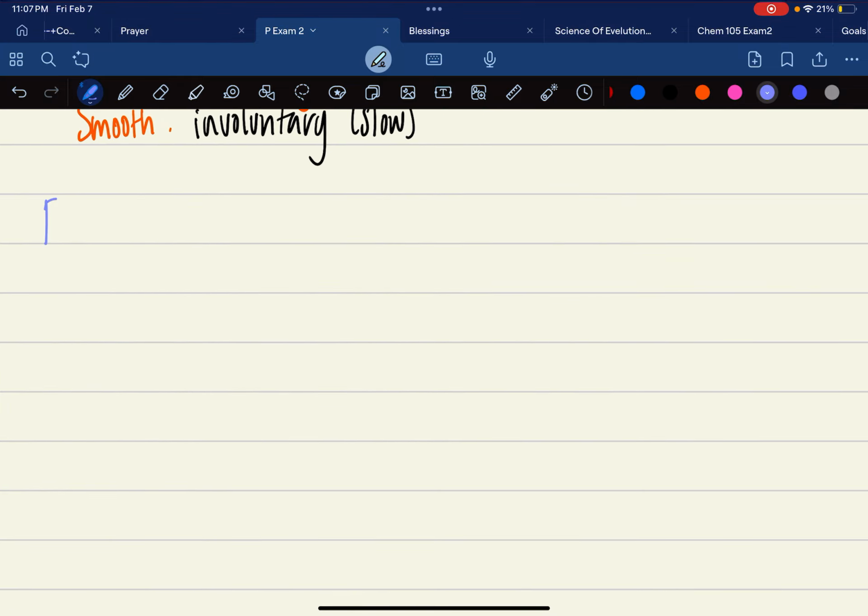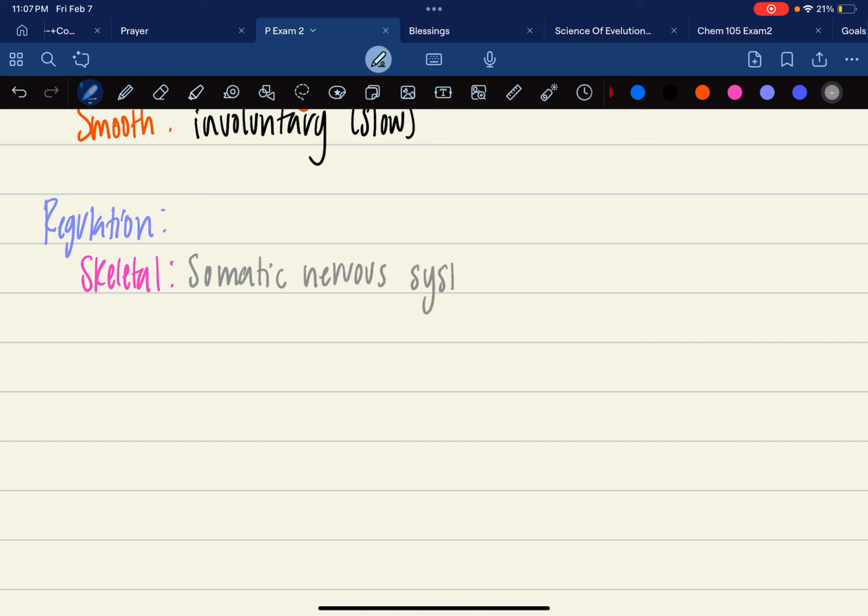And then regulation. Skeletal is regulated by the somatic nervous system. And then the smooth is regulated by the autonomic nervous system.